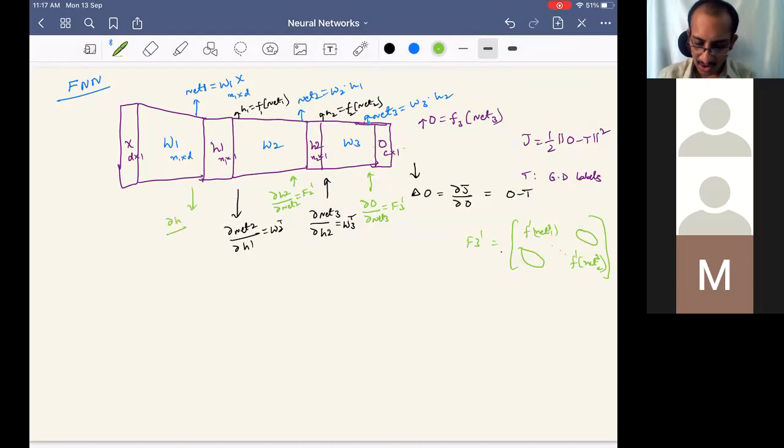With respect to that variable, we are trying to write the gradient for the immediate value. And this is equal to F1 prime.